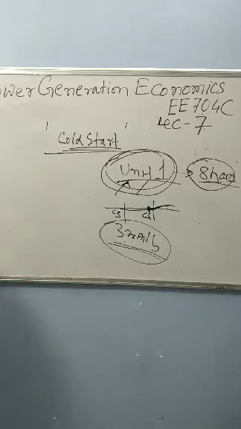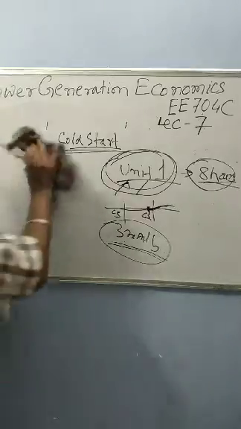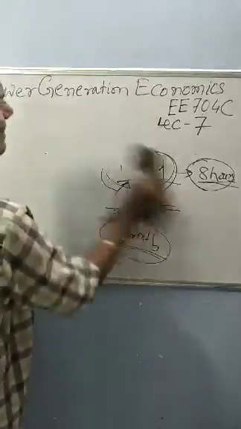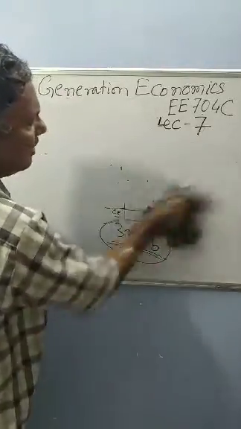Now the next constraint is our hydro constraints. As students, we have discussed that there may be a mixture of hydro and thermal power plants.